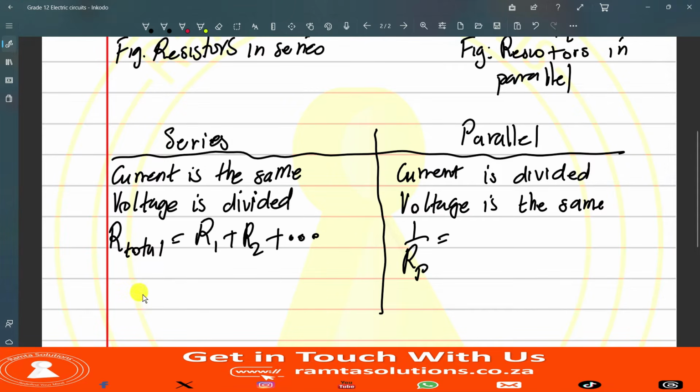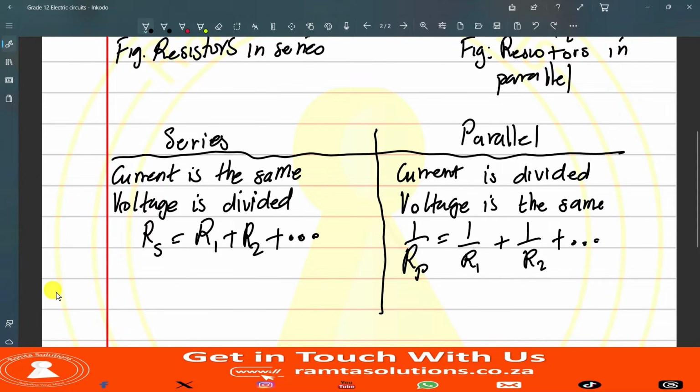And here, maybe I should say 1 over R sub S. I think it's better that way. So here it will be 1 over R1 plus 1 over R2 and so on. So these are the points that you need. Knowing them, you are good to go.